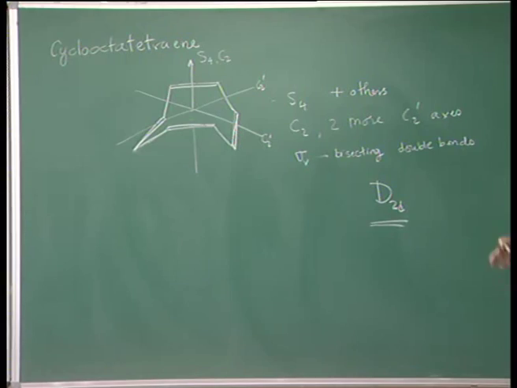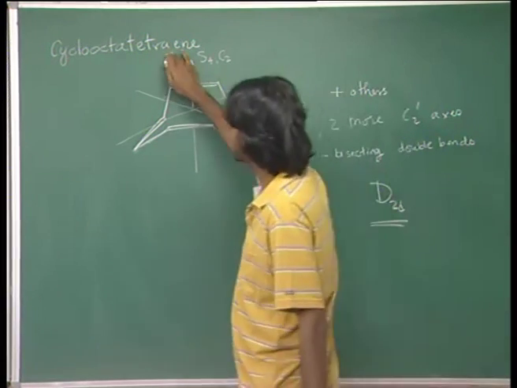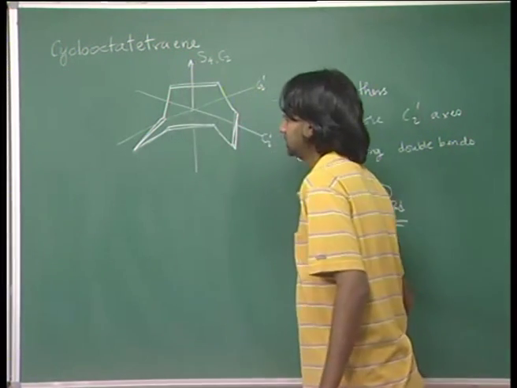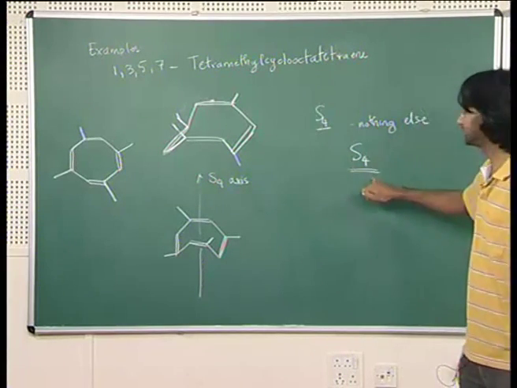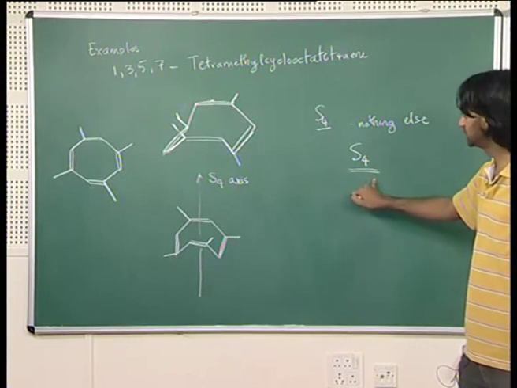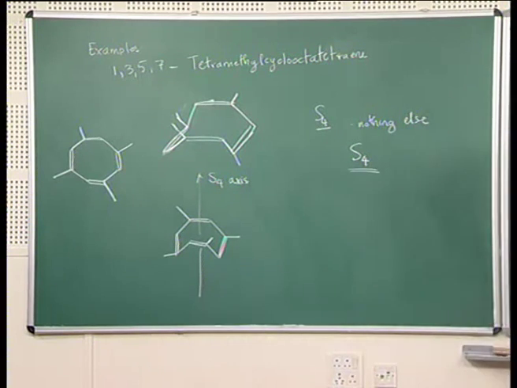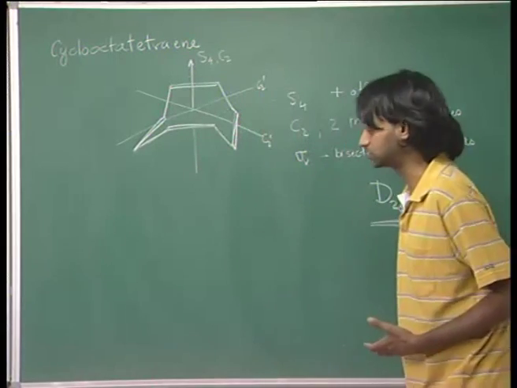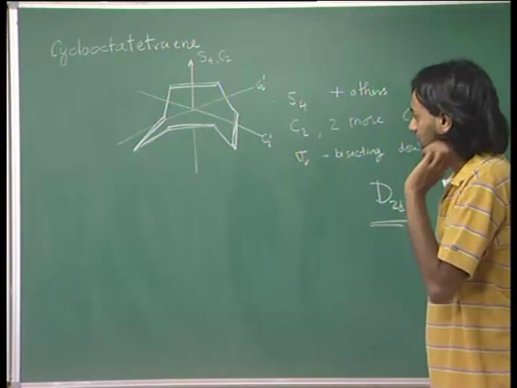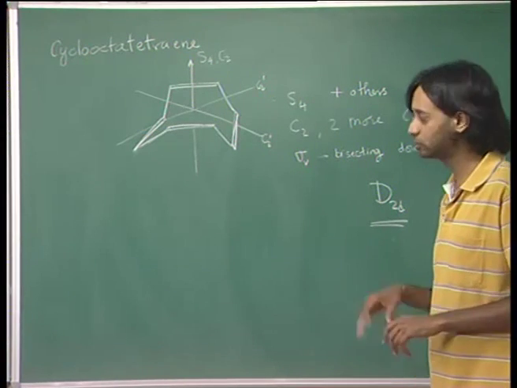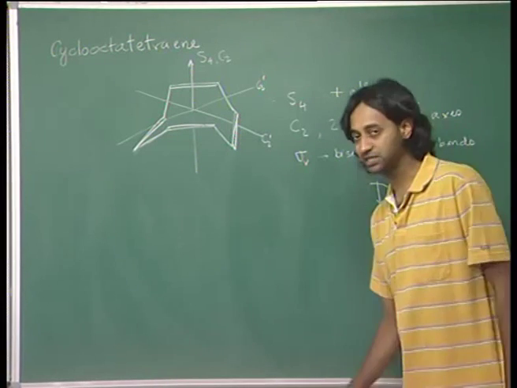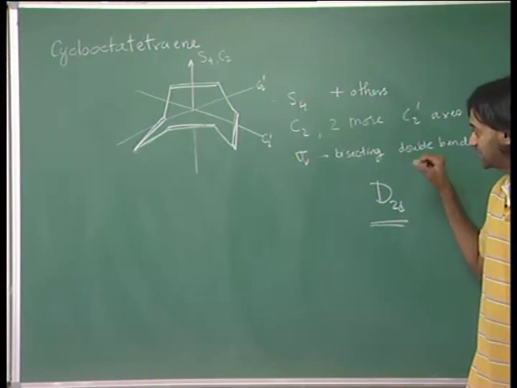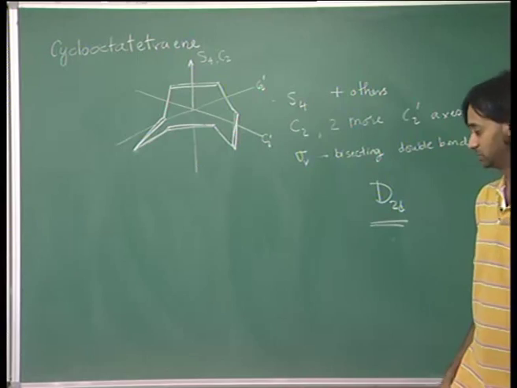Okay. So, the point group of cyclooctatetraene is D2D, whereas that of tetramethyl cyclooctatetraene is S4. Okay. So, this is an illustration of the rules. I'll show you one more well known example. But again it is important that you go back and verify each of these rules.